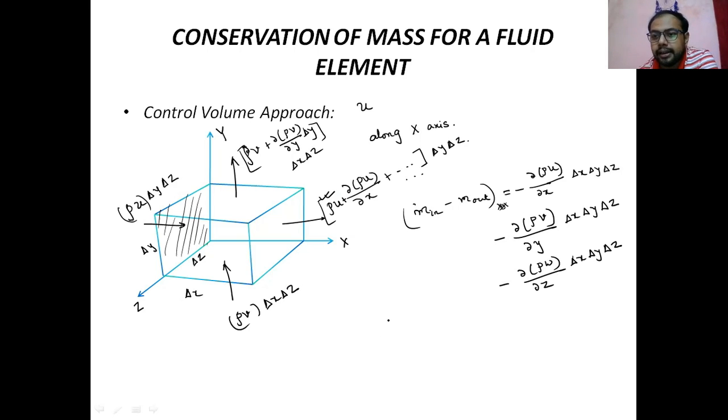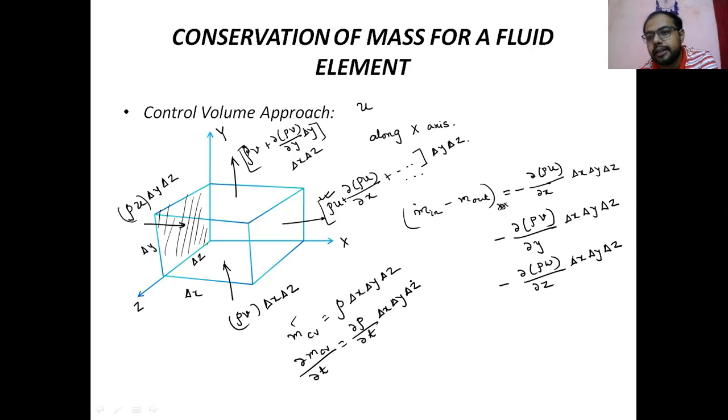What is the mass of the control volume? Considering only the mass of the control volume, it is density into volume. What is the volume? Del x del y del z. The rate of change of the control volume mass is changing in this way. The volume is arbitrary, so it does not vary with anything.